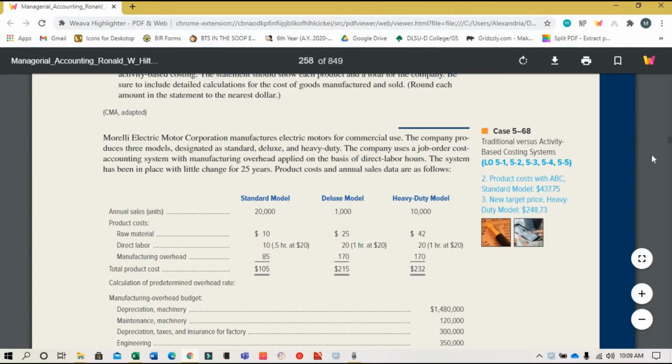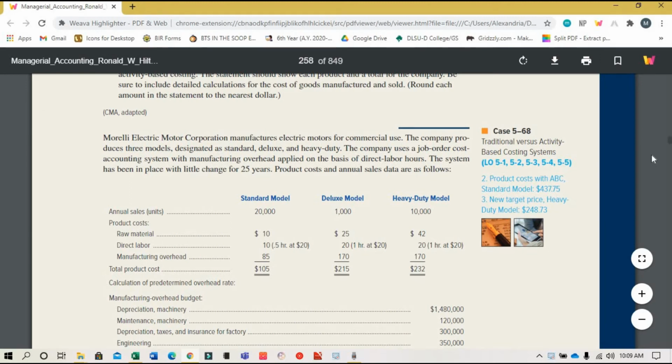Now let's proceed on to the next problem, which is about traditional versus activity-based costing systems, case 5-68. Let me read the problem to you. Morelli Electric Motor Corporation manufactures electric motors for commercial use.